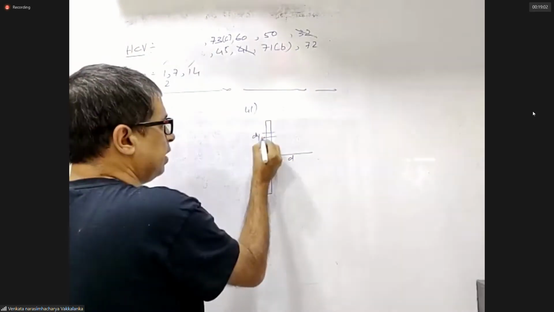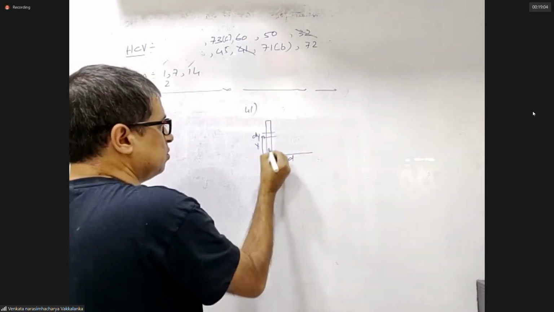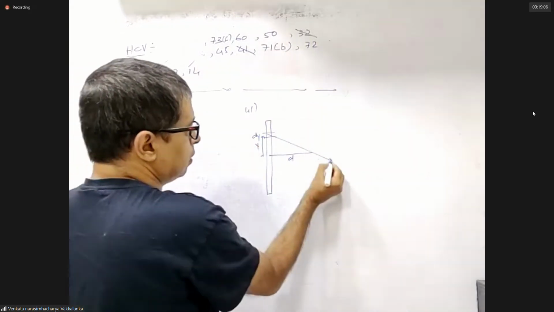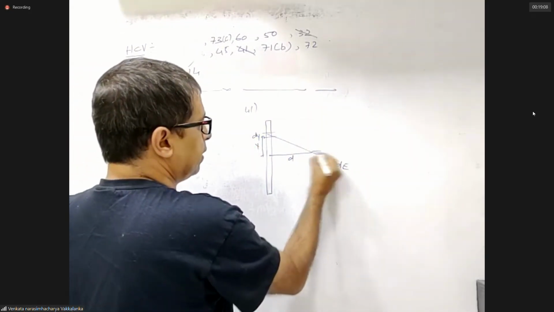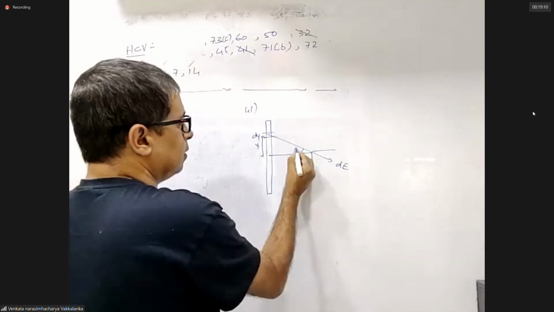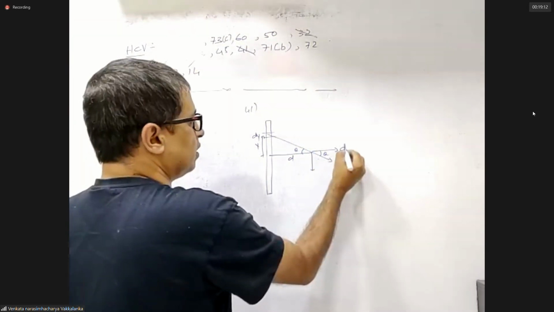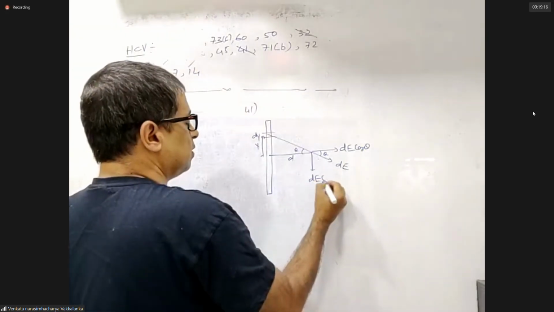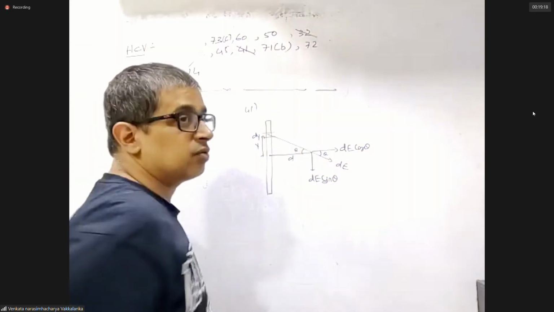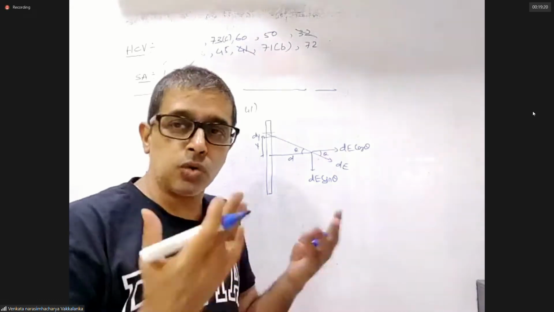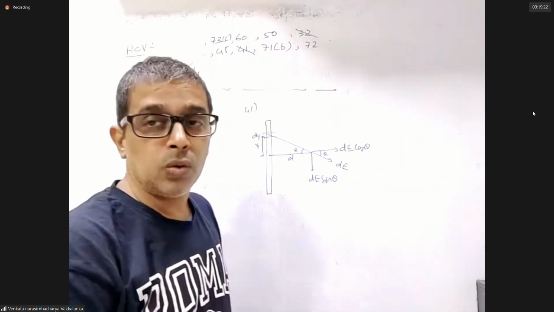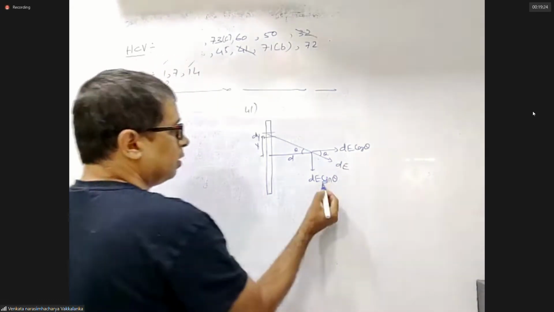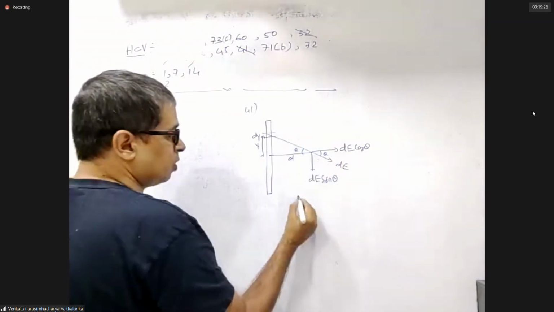Consider an element dy at a distance of y. This will be dE. Agreed? This is theta, this is theta. This is dE cos theta, dE sin theta. When you ask doubts, at least open the class notes once and look. dE sin theta will get cancelled out.